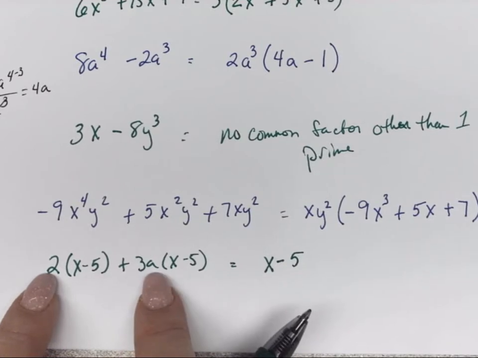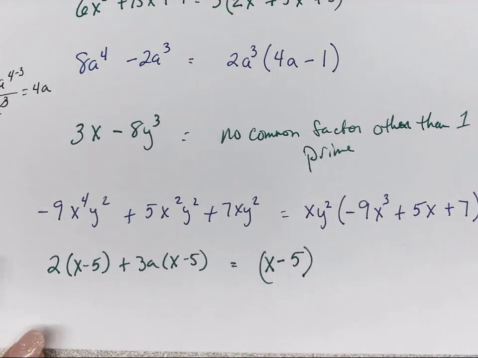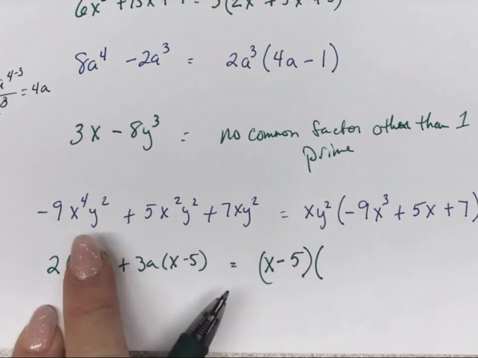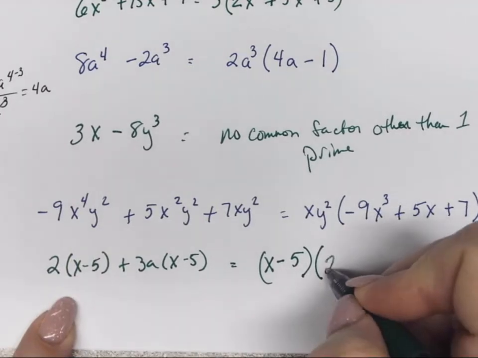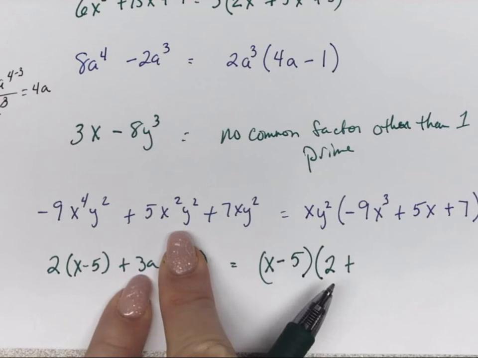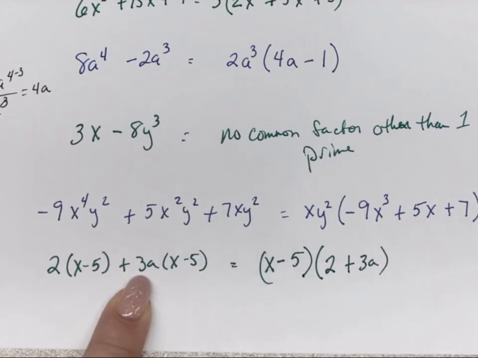This one's the only one with an a, but they have this parenthesis in common. So now I pull this, just like we've done before. I've factored out the x minus 5, so I have a 2 left. Plus, I factored out this x minus 5, I have the 3a left. So that would be our final answer for that.